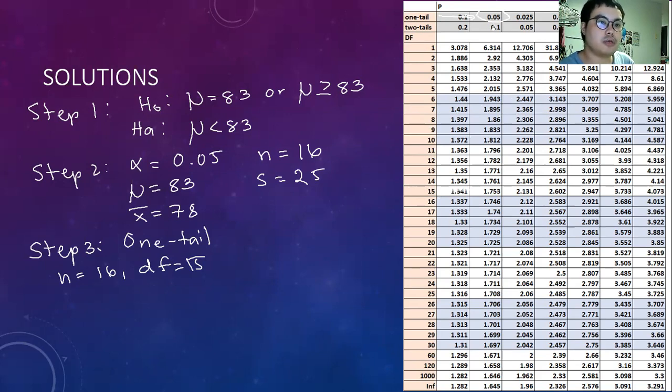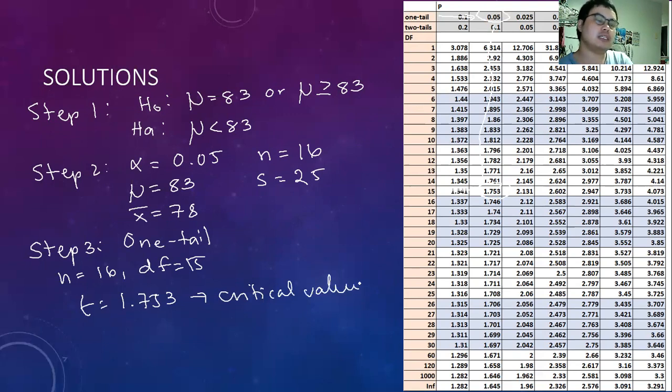So we're going to locate the corresponding t-value in the t-table. Our critical value is 1.753. So this is our critical value for this problem.